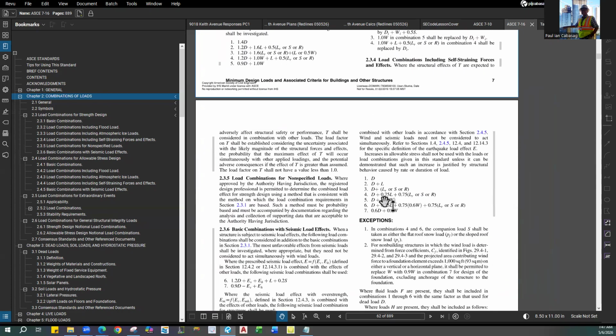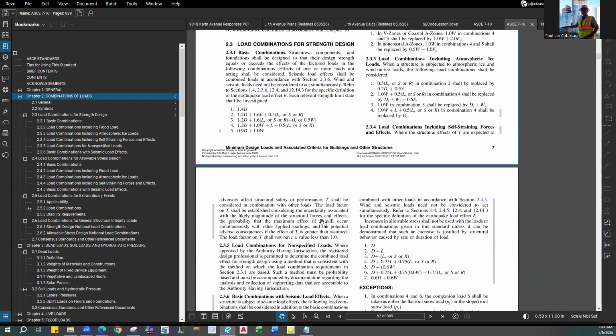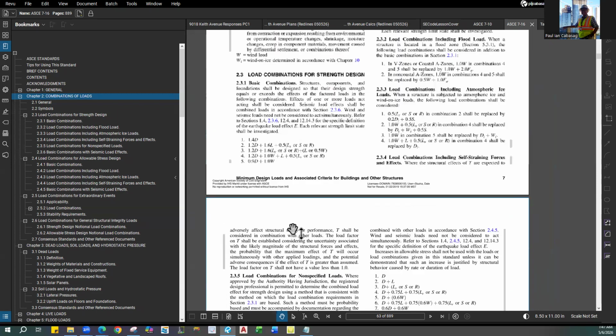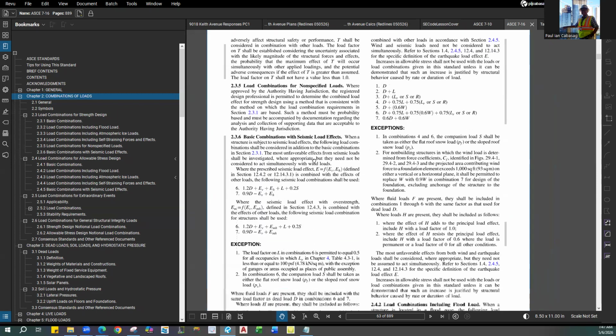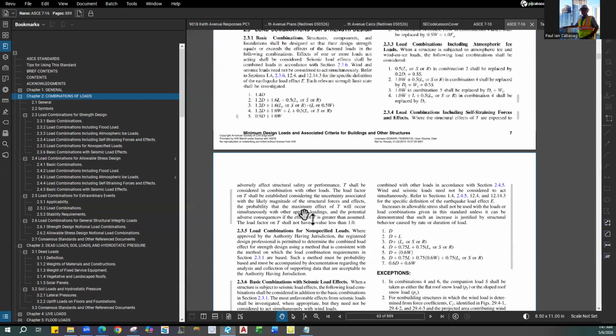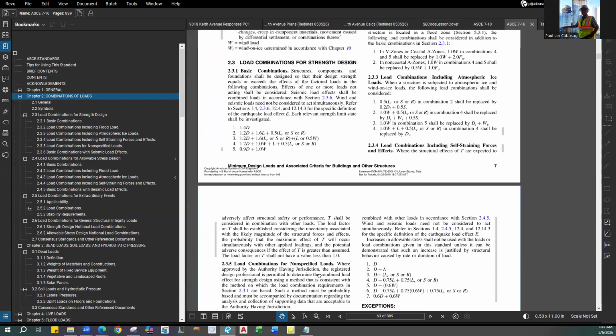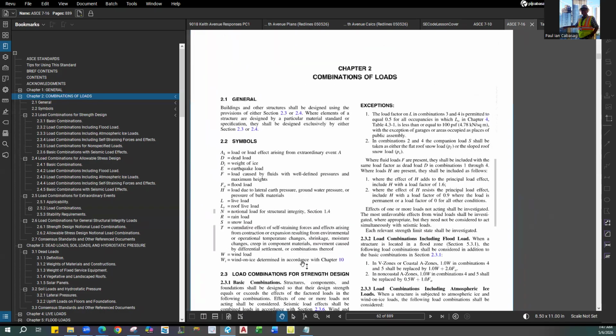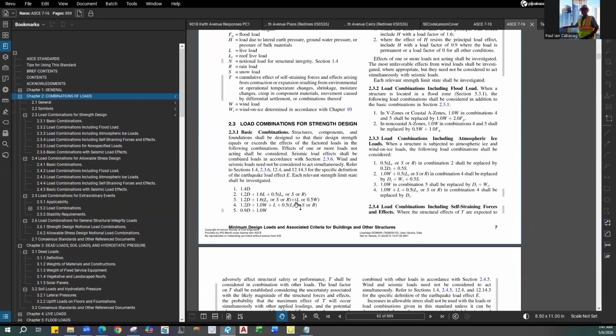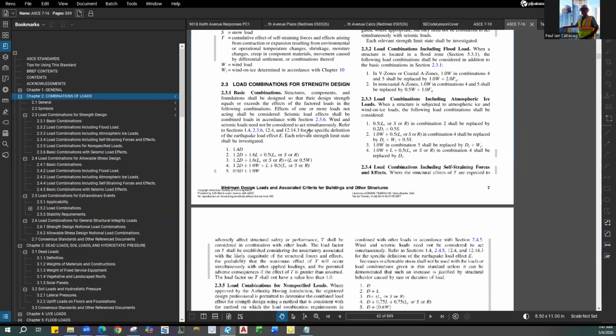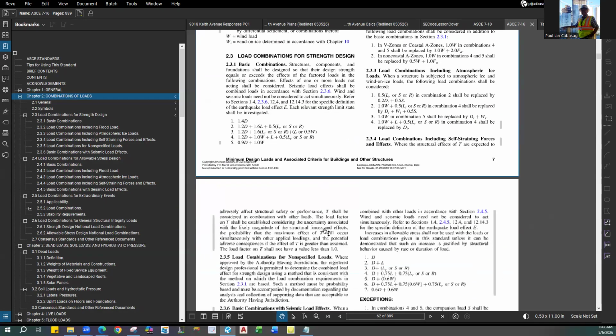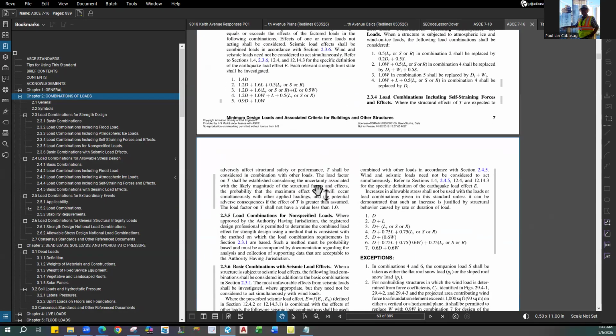So there's a difference between these two sections. 2.3 here is the LRFD, 2.4 is the allowable stress design. As you can see, there are only five of these different combinations for LRFD, but then there are seven here for ASD.